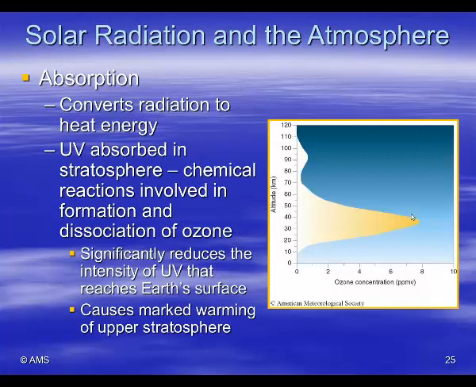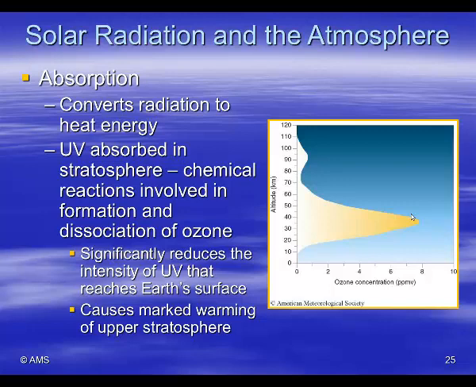We also have absorption. So the atmosphere is actually pretty transparent to most of what the sun delivers to the Earth, so it doesn't get absorbed by the atmosphere. Absorption will convert radiation to heat energy.